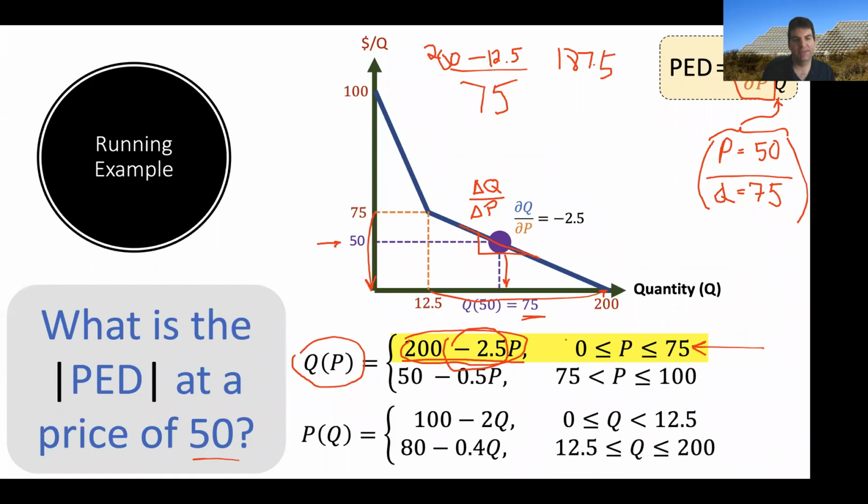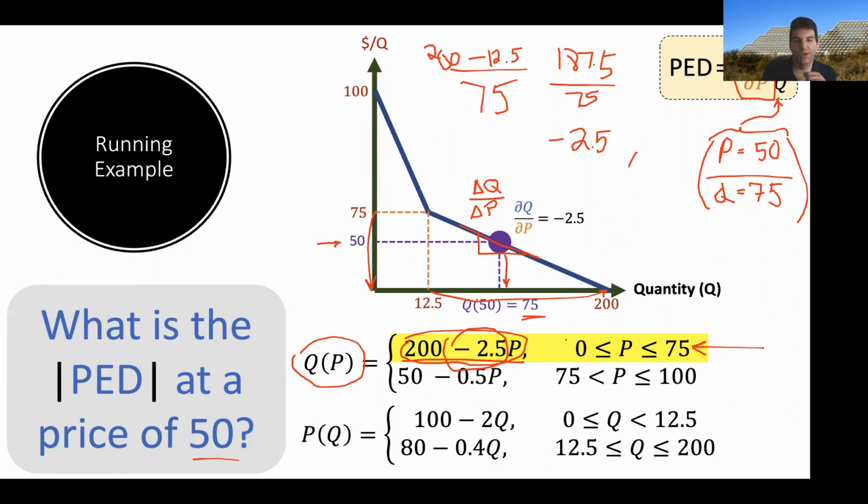And if I divide that by 75, then if I did my math right, 187.5 divided by 75 is 2.5. Then we just have to remember that conventionally, because the price decreased but the quantity increased, we say this is a negative.